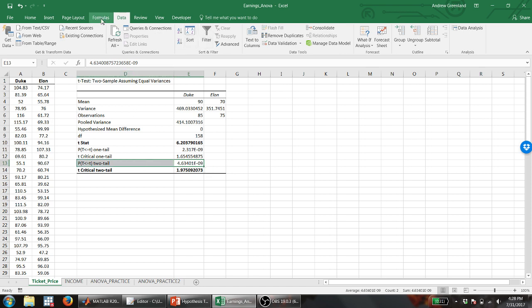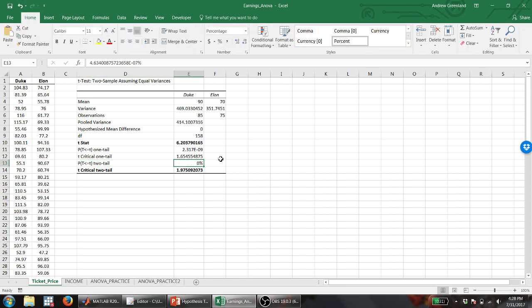Another way of evaluating this is to look at the P two-tail here, which is just the p-value for a two-tailed hypothesis test. So it's going to calculate this for us. If we extend this and show some decimals, we'll see that this is definitely less than our threshold alpha of 0.05, and because of that we can also reject the null hypothesis.